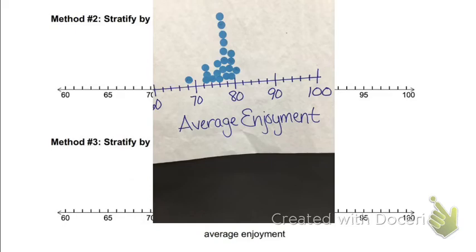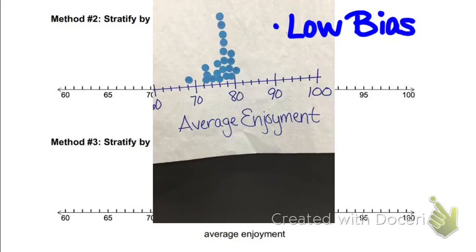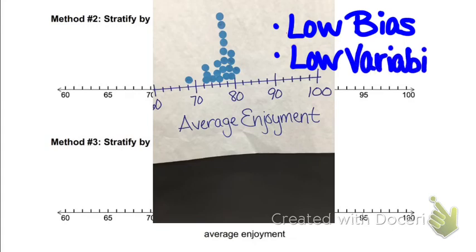This one has low bias and low variability. What's the nice thing about low variability here?